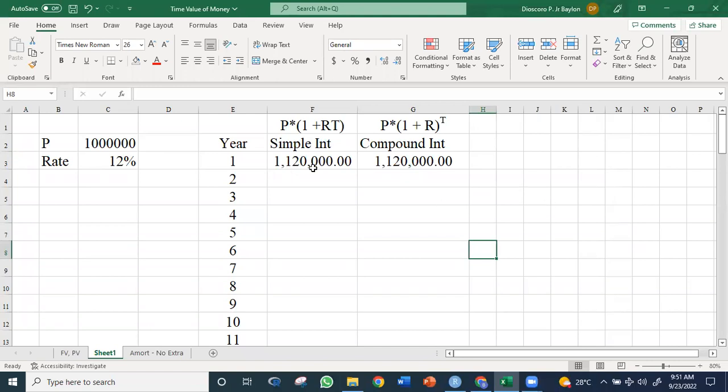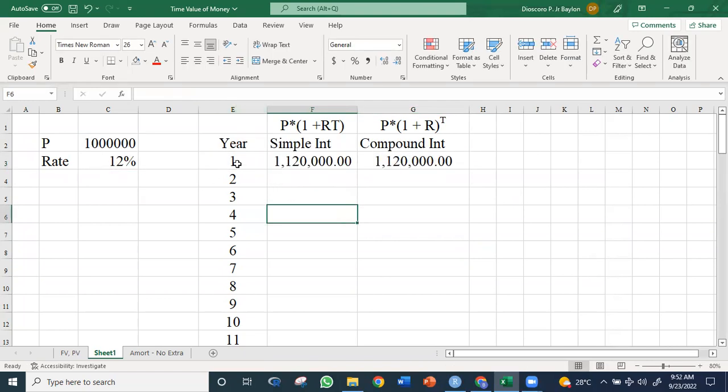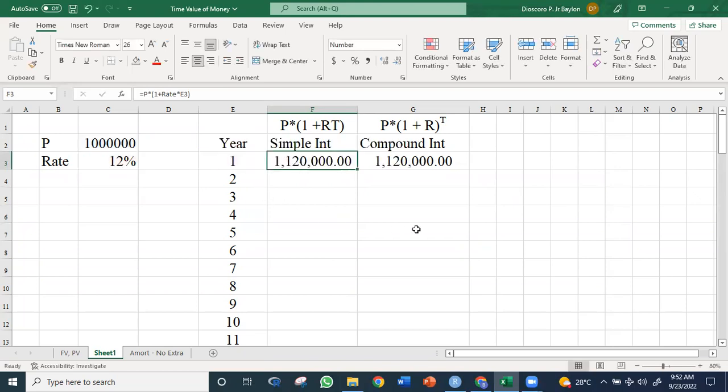Okay. Now, can we copy this formula down? If I highlight this, notice that our formula is dependent on E3, right? This is E3, the year. So actually I can highlight this and then just double click this.